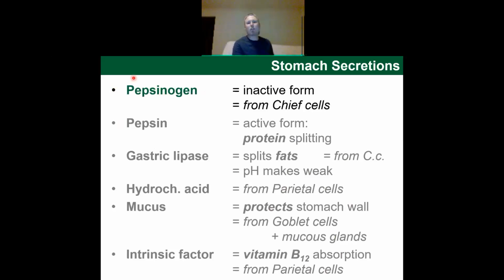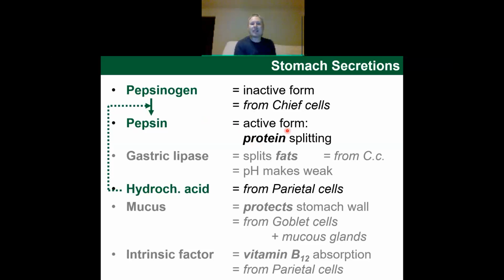Pepsinogen is secreted from the chief cells. It's inactive. But once we get hydrochloric acid, so stomach acid, which is secreted from parietal cells, that activates pepsinogen, which then becomes pepsin. So pepsin is the active form of pepsinogen, and it gets activated within the stomach when we mix it with stomach acids.